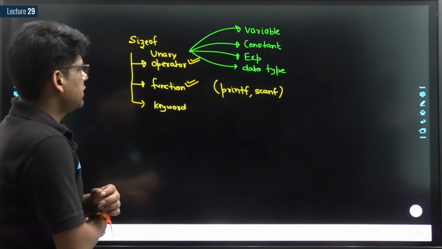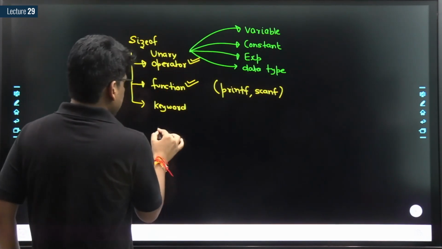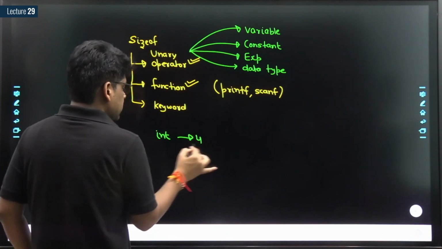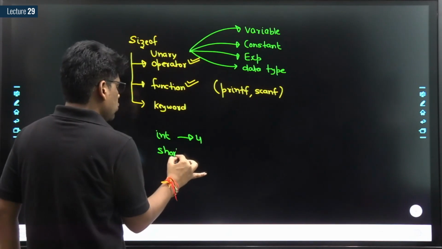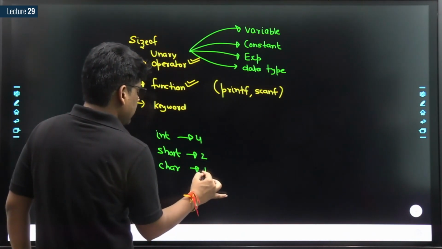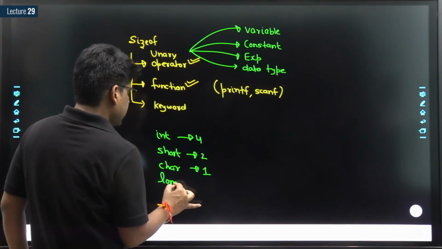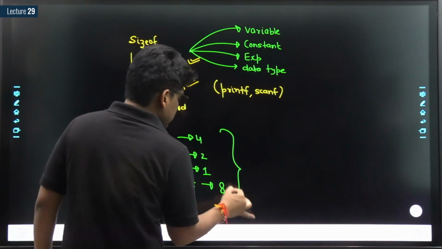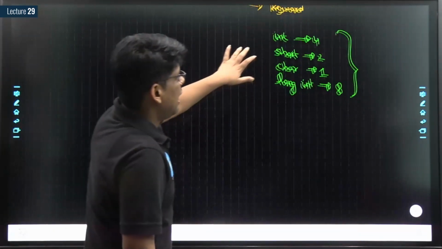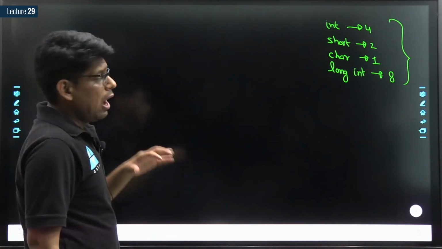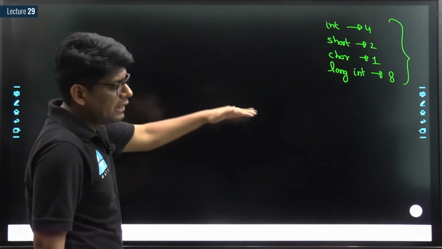Let us suppose we are working on such a compiler that integer takes 4 bytes, short takes 2 bytes, character takes 1 byte, long int takes 8 bytes. Let us assume. Then how could I print how much memory these data types will take?